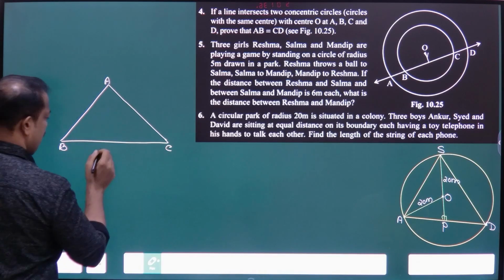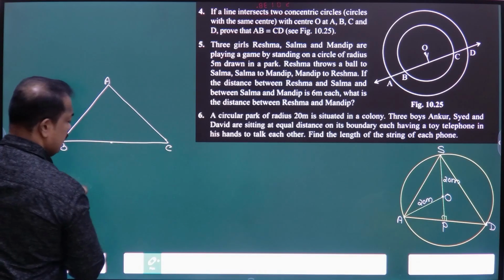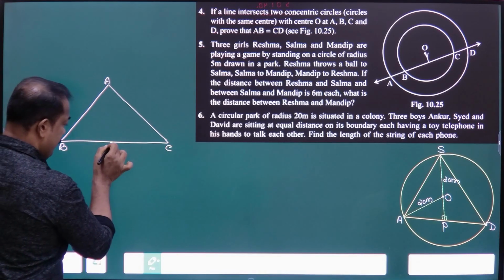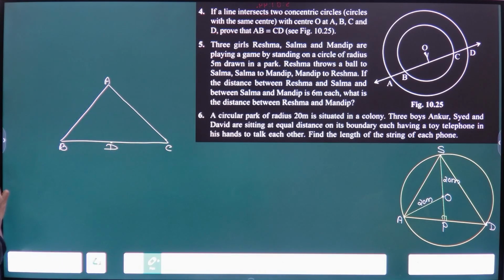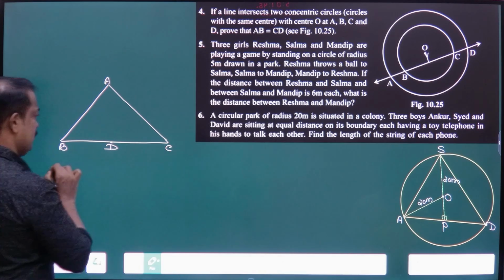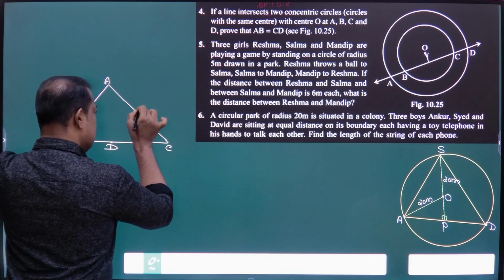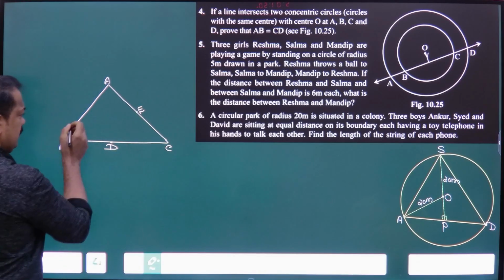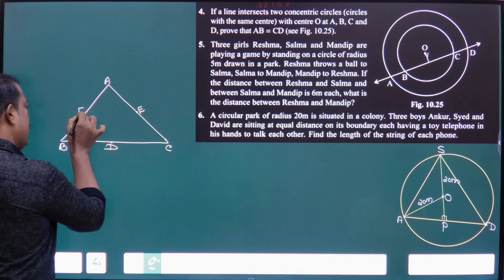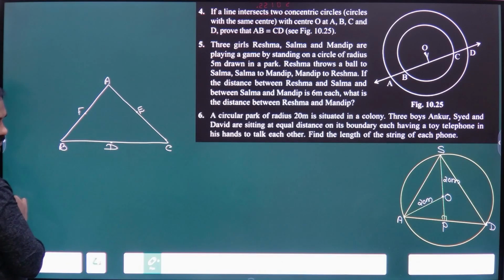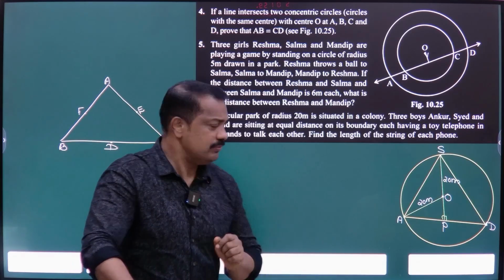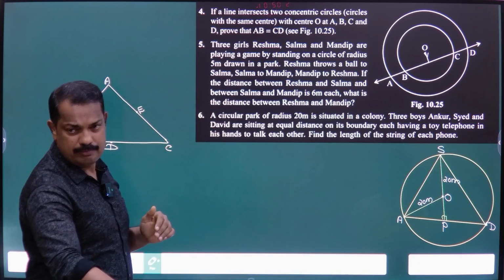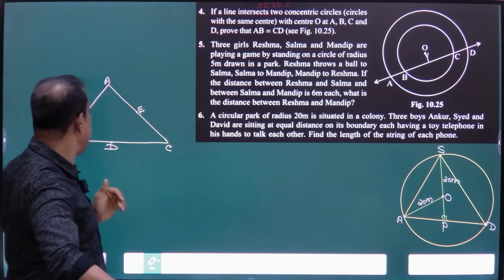Here, D is the midpoint of BC, E is the midpoint of AC, and F is the midpoint of AB.